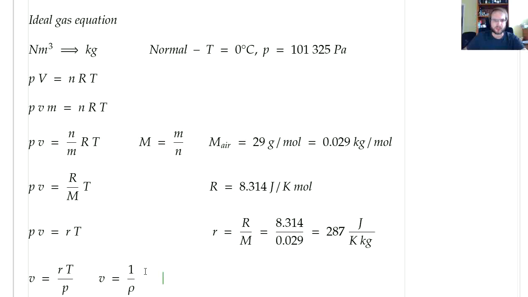So now we can make the calculation. Just please don't forget that the temperature needs to be inserted in degrees Kelvin.